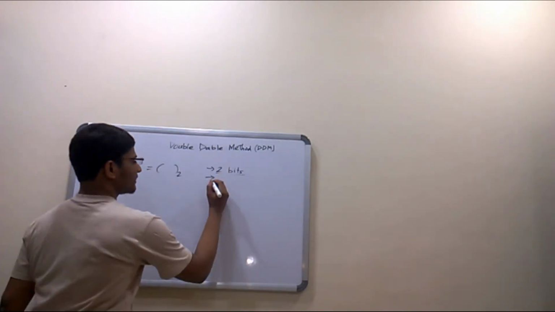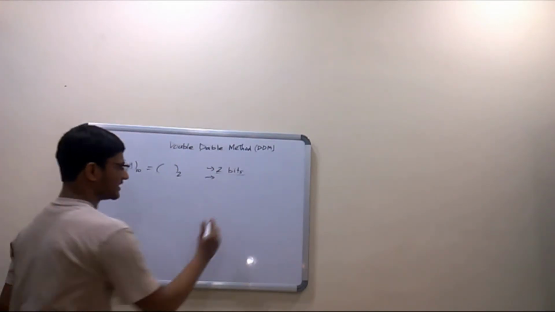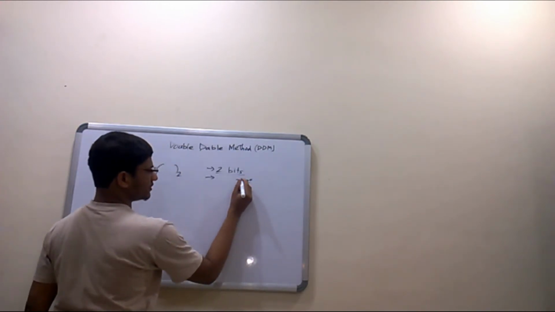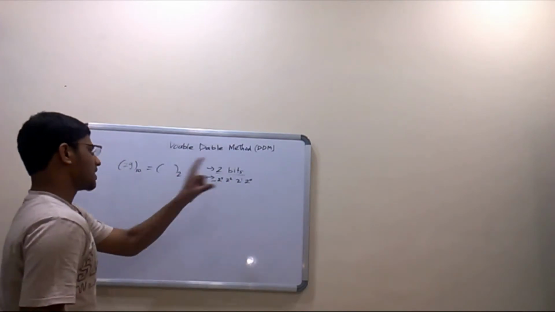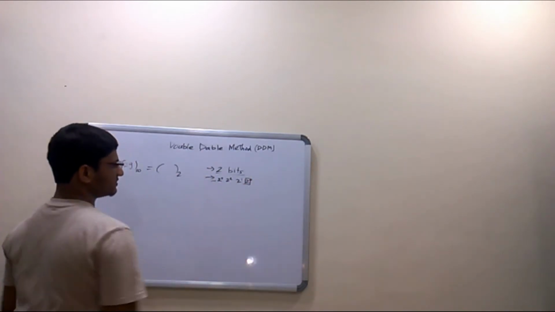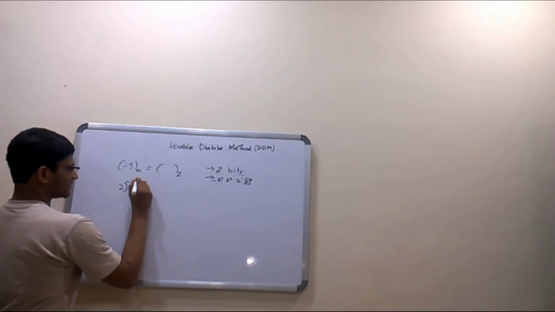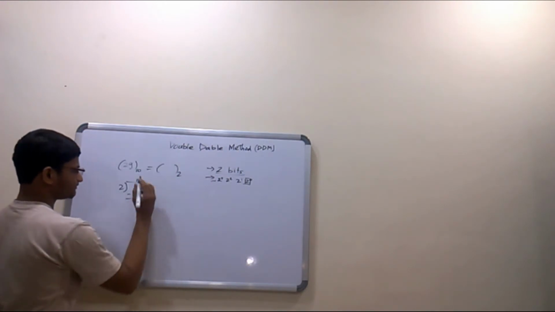The second thing is, while converting binary to decimal, we have seen that we double at every step. That means we take 2 to the power 0, 2 to the power 1, 2 to the power 2, 2 to the power 3 and so on. So that's why the number 2 is important to us. So we will divide by 2. So 29 divided by 2 gives 14, 2 times 14 is 28, minus, remainder 1.